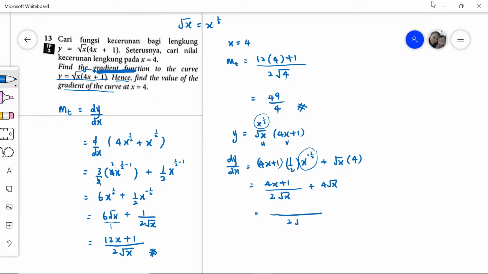So 1 over 2 square root of x, we have 4x plus 1, and then plus 8x. And then therefore, the 4x plus the 8x, we have 12x plus 1 over 2 square root of x. So we get the same answer for the gradient function. This is the alternative, so it depends on which one you would prefer. Okay, that's it for question number 13.